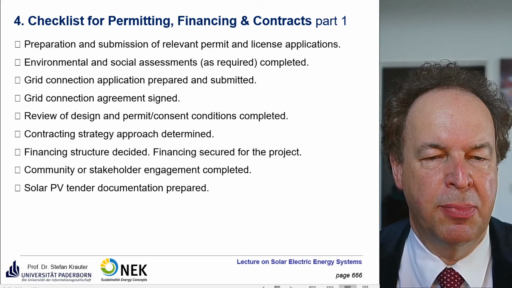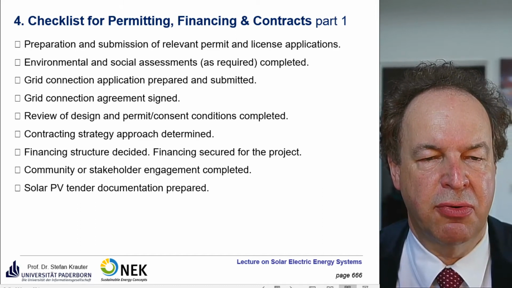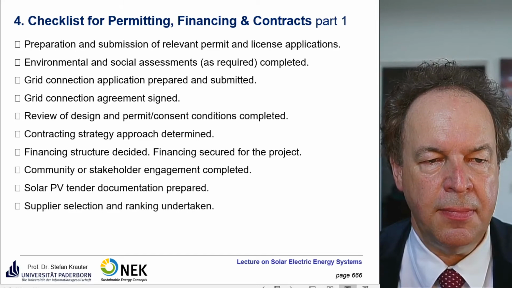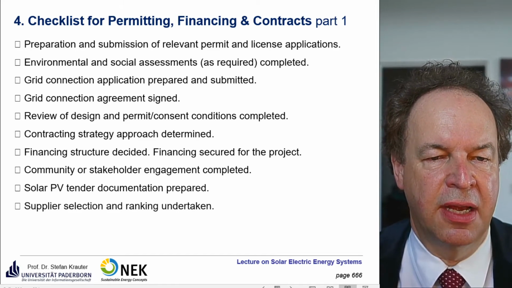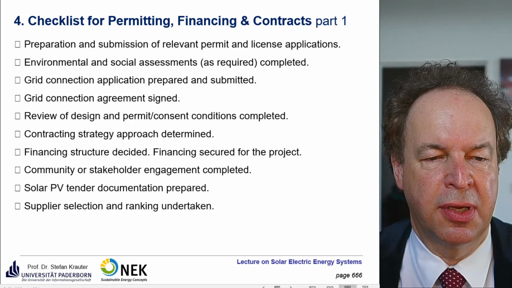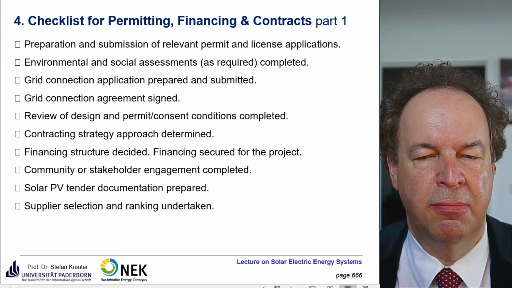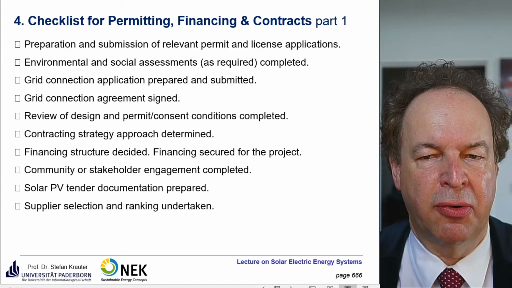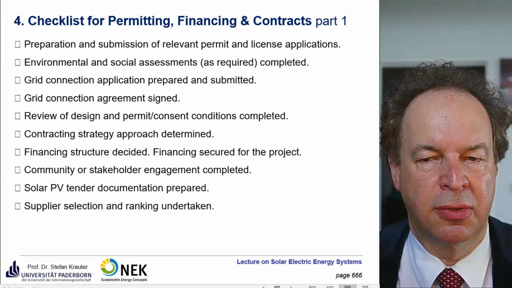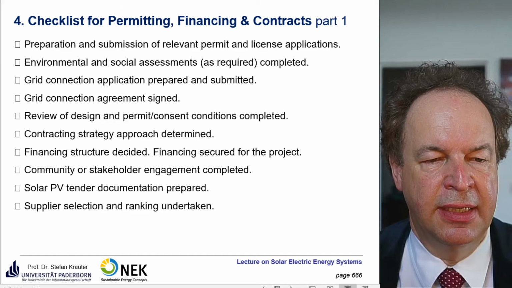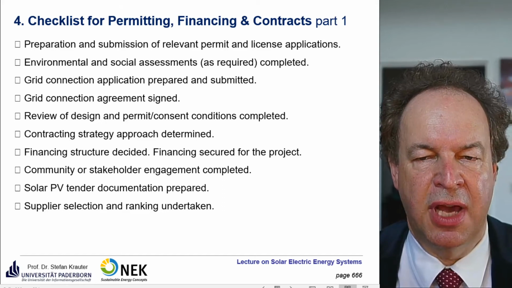And so on. How big the foundations have to be, which depends on ground and so on. Supplier selection and ranking. So you do not use just one supplier, you use several, usually minimum 3, and then you do a ranking depending on quality and price and whether they can keep the time schedules.